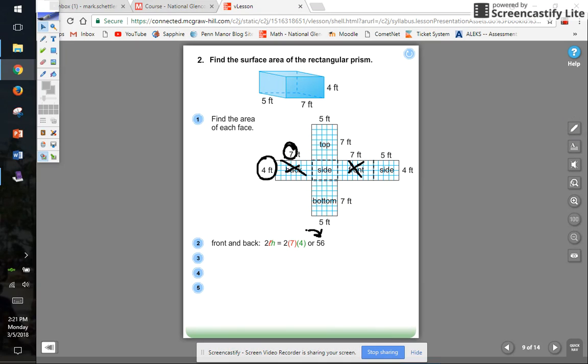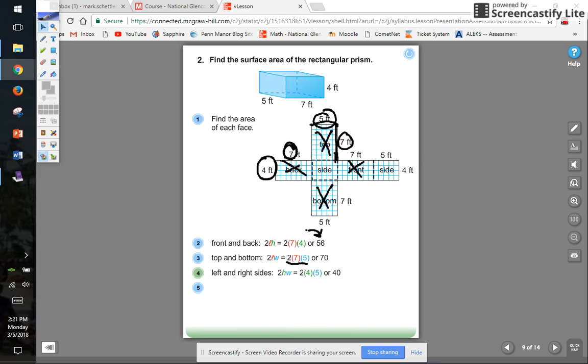Next shape. Top and bottom. I think we're going to do 7 times 5. And where did I get that? Need to multiply those two numbers together right there, 7 and 5. Not only are we going to do the top, we're also going to do the bottom, so let's multiply it times 2. 7 times 5 is 35, times 2 is 70, which just leaves us with our two sides.